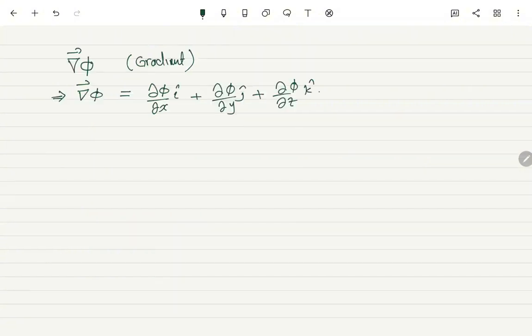The gradient of a scalar quantity is of great importance in physics. As a definition, E, the electric field, is equal to minus gradient phi, where phi is the potential. Another is F, the force, which is minus gradient V, where V is the mechanical or potential energy.